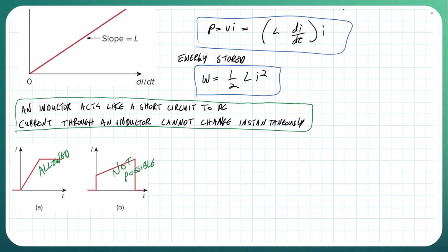So a real inductor has a winding resistance in series with it. There's also a small winding capacitance due to the closeness of the windings. These two characteristics are typically small, though at high frequencies the capacitance may matter. Okay, so just some things to think about in real world inductors.